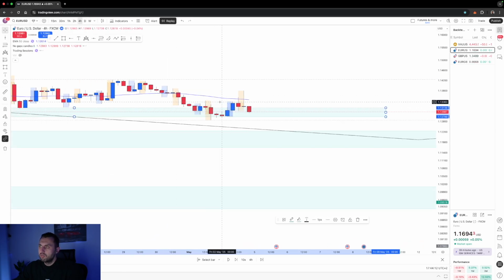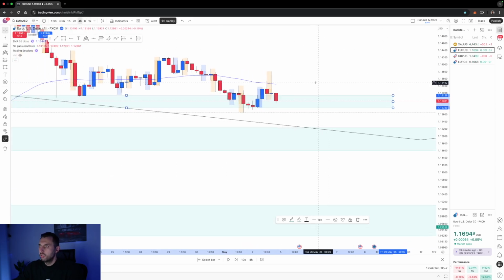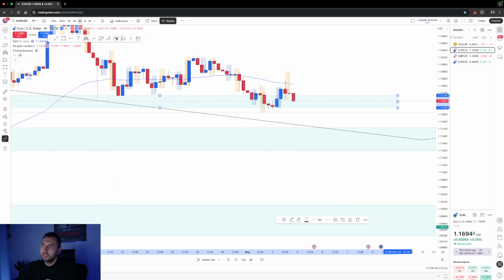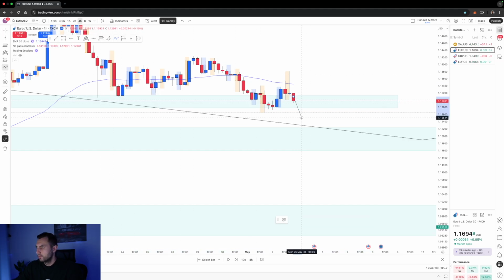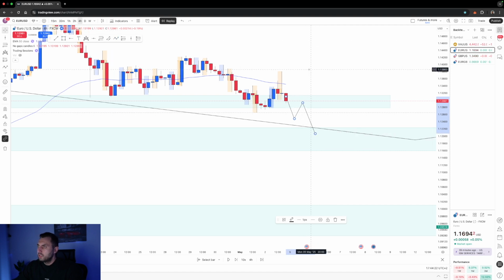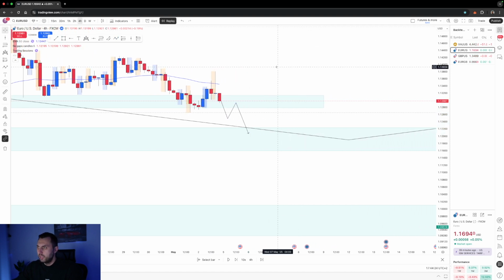And let's see on the 4-hour, it will look like something like this. Retest this zone and push down. This is a counter trend trade that I would take, and let's see what it's doing on the 4-hour.